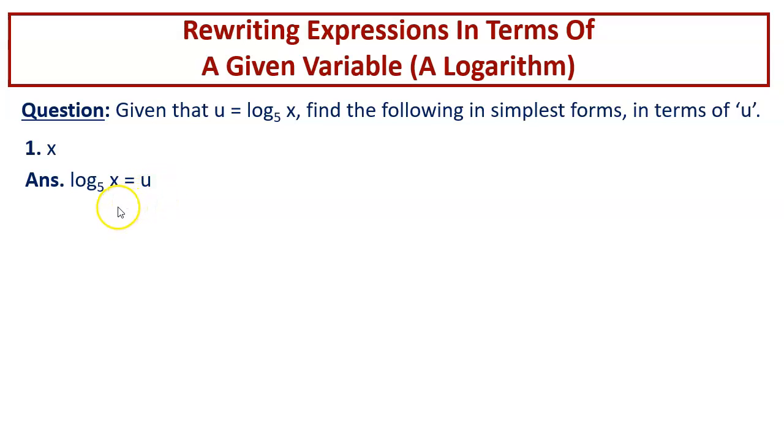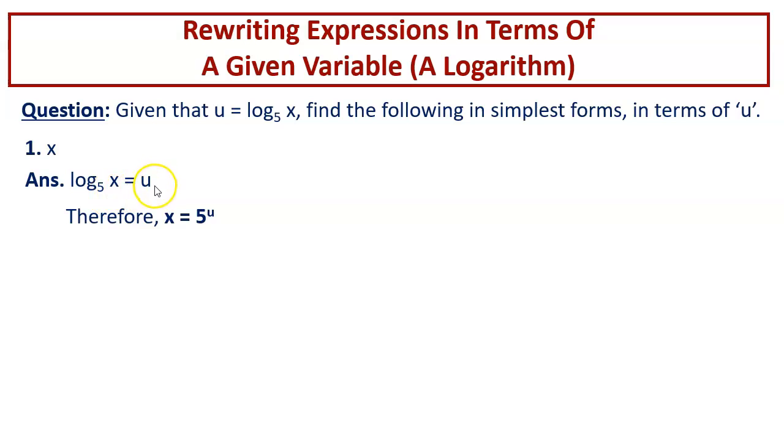If we have to convert it to an exponential form, the base remains the base, the argument becomes the answer, and the product or result becomes the power. So the logarithmic form is BAP, the exponential form is BPA. So if we convert this to its corresponding exponential equation, what do we get?